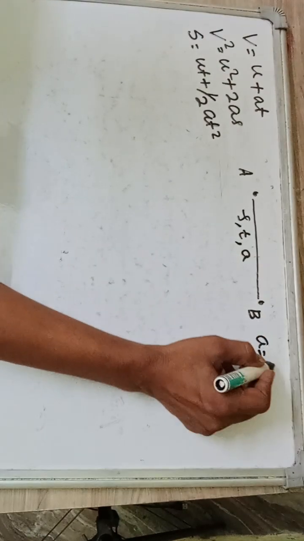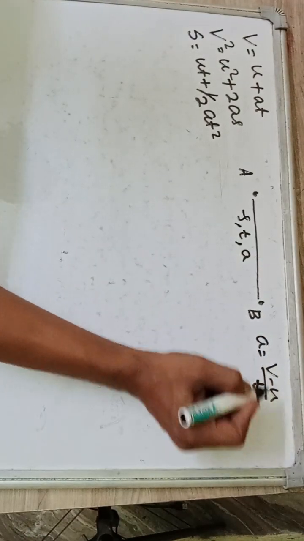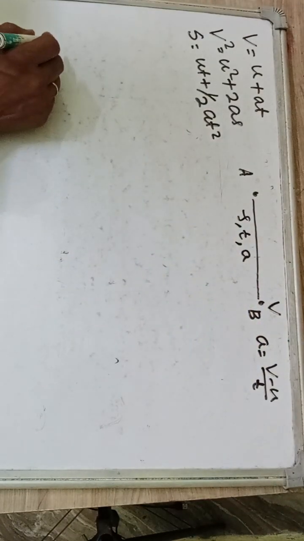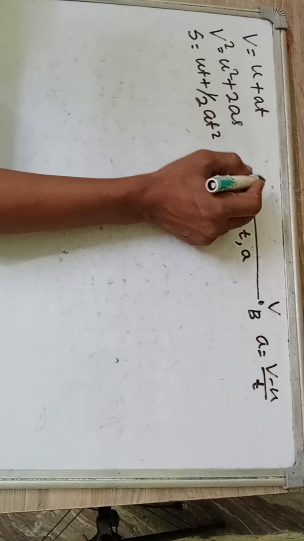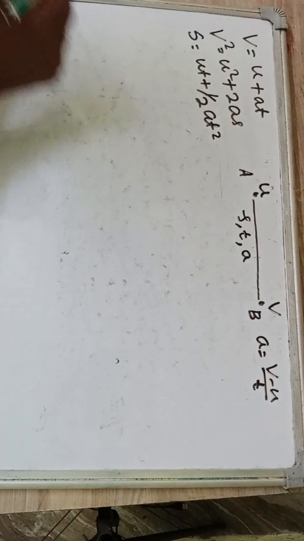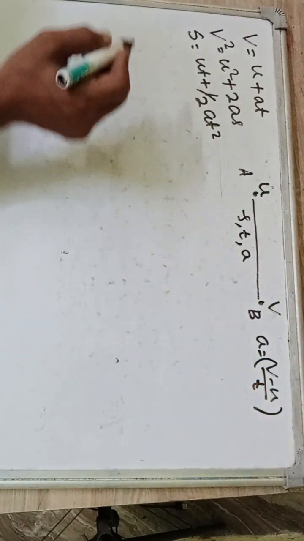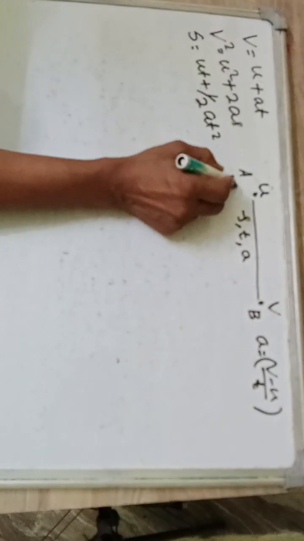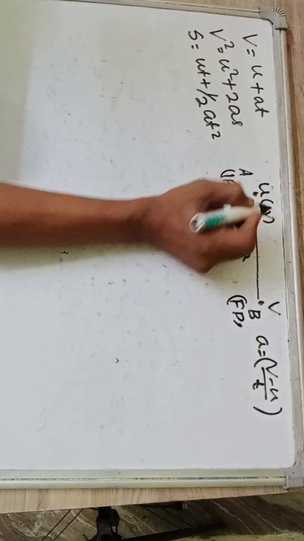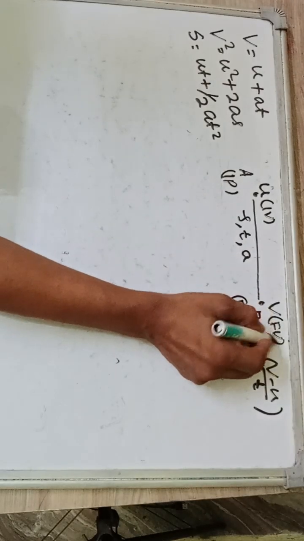So a is (v minus u) by t, where v is final velocity and u is initial velocity. Right? So this is our initial position, this is our final position, this is our initial velocity, this is our final velocity.